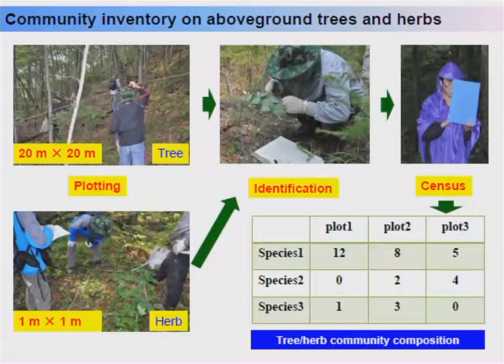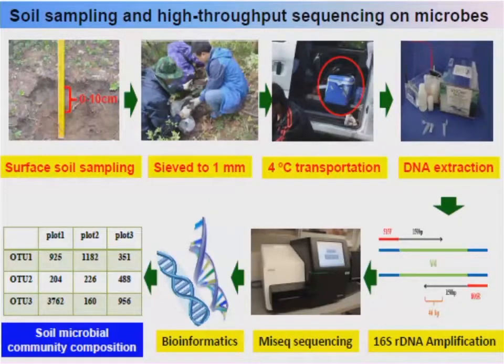We need to have quadrats and collect the plants and also trees and also soils. And this is many different soil samples, and then we do the DNA extraction and we sequence it and do what we call the bioinformatic analysis. Analyze the relationship of the microbial community with the environment.